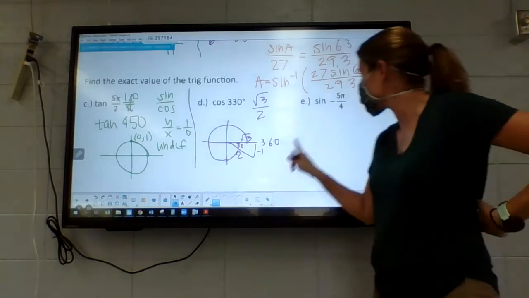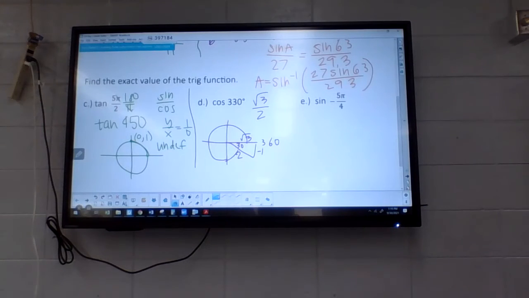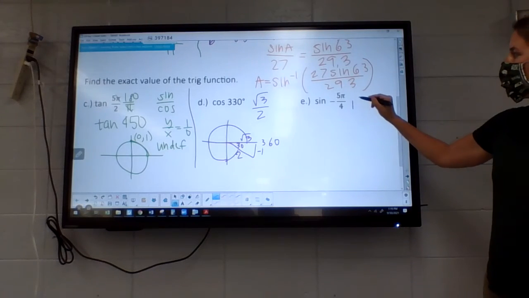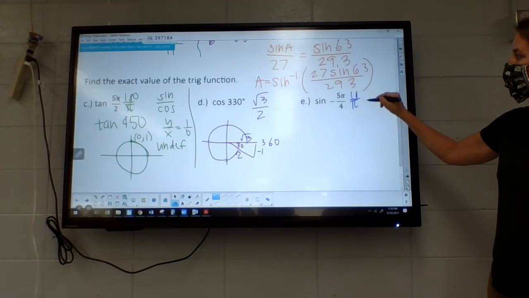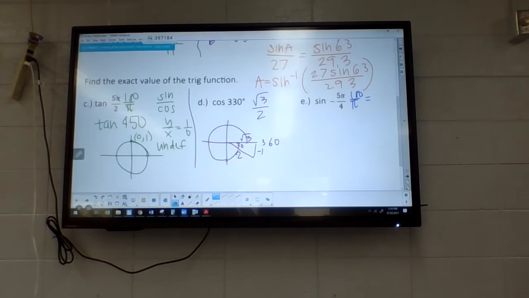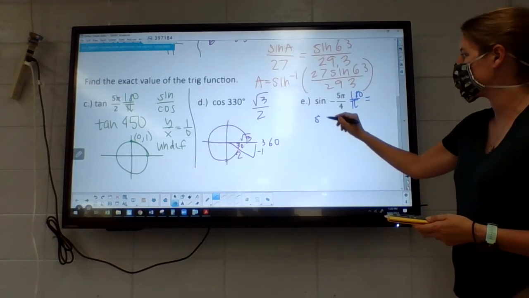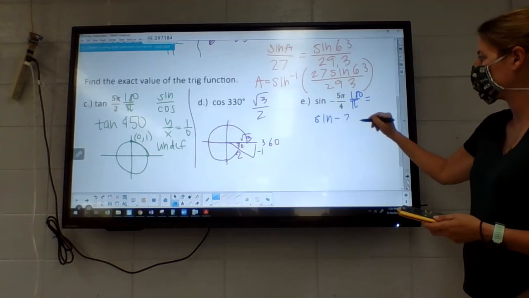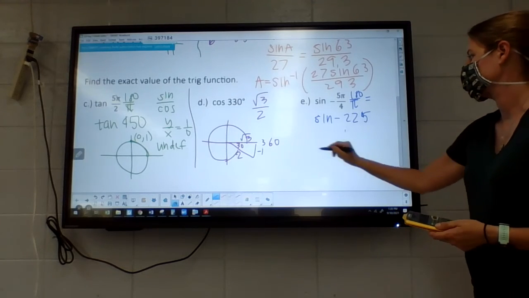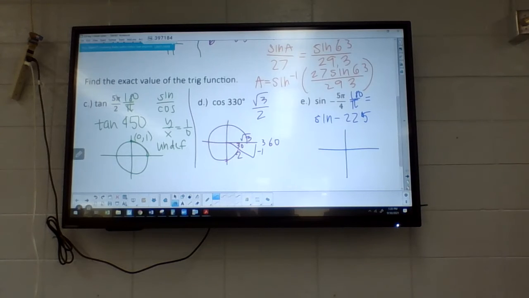And then finally, the sine of negative 5 pi over 4. Great, so let's switch it out of radians. It's still going to be negative. So it's going to be sine of negative 225. All right. So a negative angle, a little bit confusing.